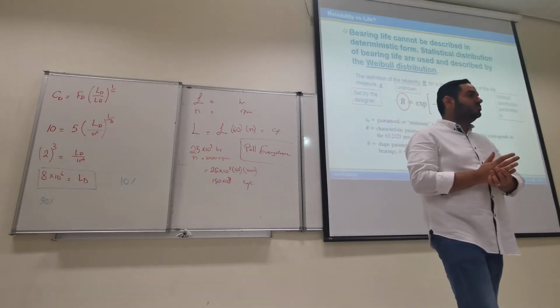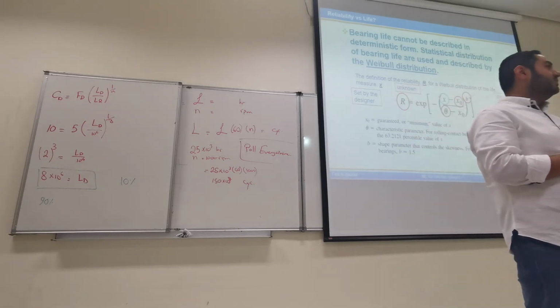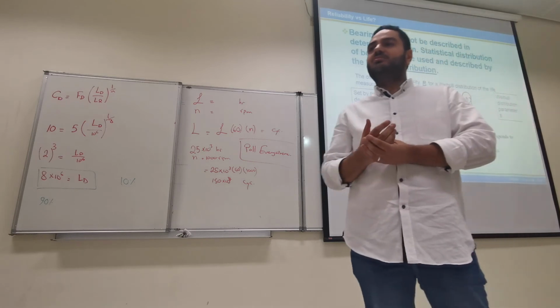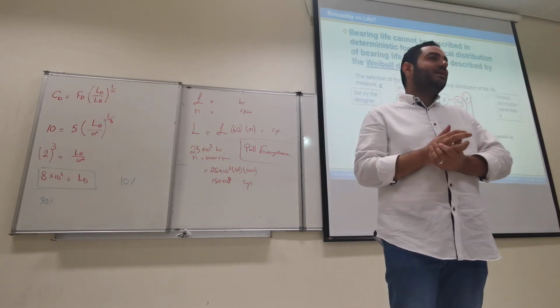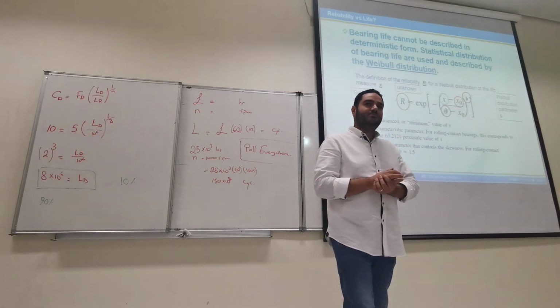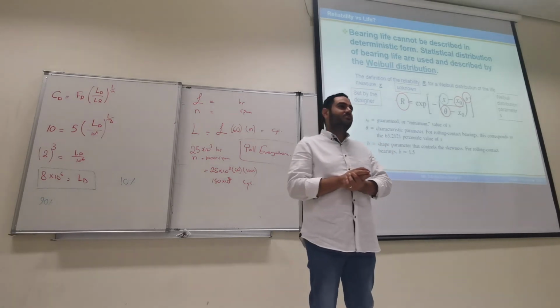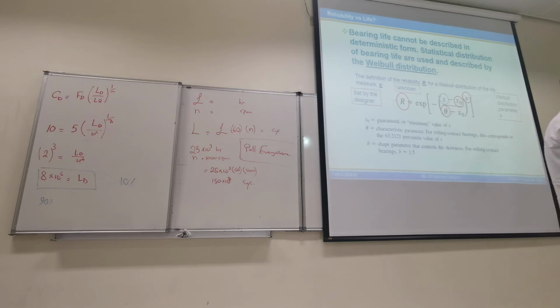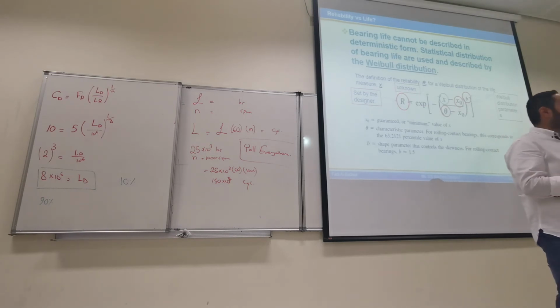So you've been into a co-op, I think, some of you. Did anybody go to plants where they have multiple pumps running in parallel? They operate one during month 1, 2, 3. Then they switch.